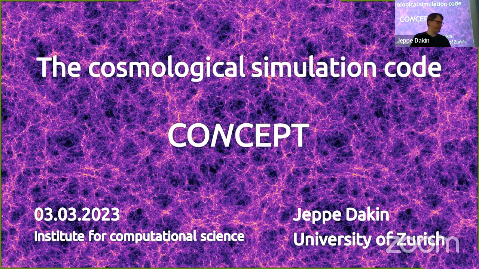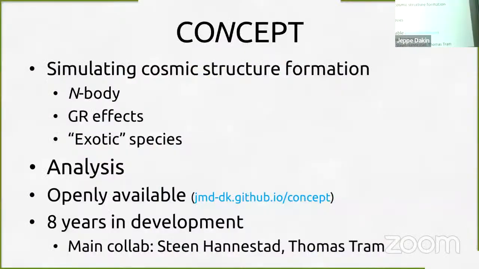Yeah, and welcome to my talk about my n-body code, CONCEPT. So CONCEPT is a code for simulating cosmic structure formation. This involves primarily n-body techniques, but on top of that, it also implements a lot of extra fancy stuff like general relativistic corrections.